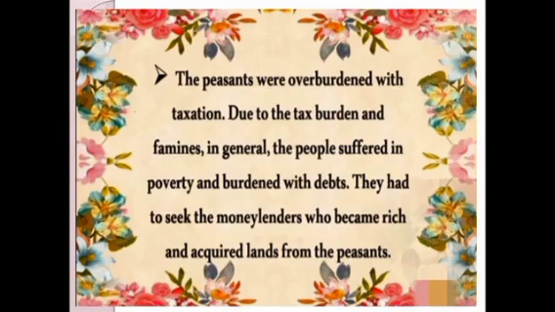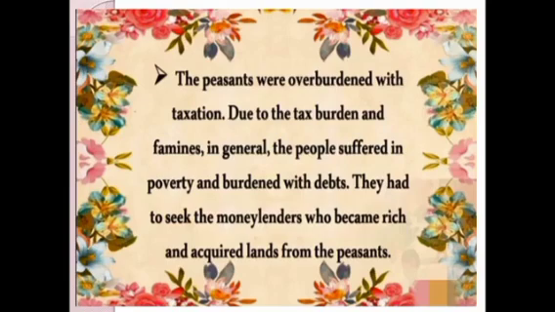Because of overtax or famine, which means drought, they were not able to pay the tax. So they had to seek the moneylenders, who became rich and acquired lands from the farmers.